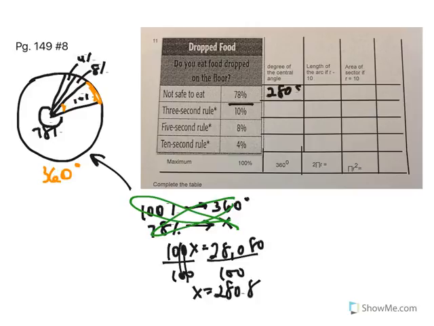Okay? So you're going to set up the exact same ratio for the rest of the percentages in this column. You're going to set it up: 100% is to 360 degrees as whatever percent they give you here. So let's say 10% is to x. Then you cross multiply and you solve to find this number, okay?